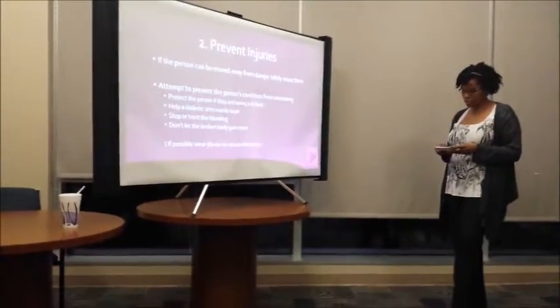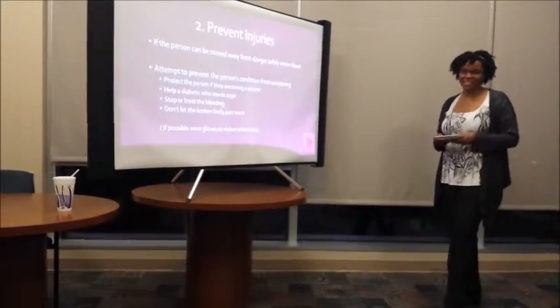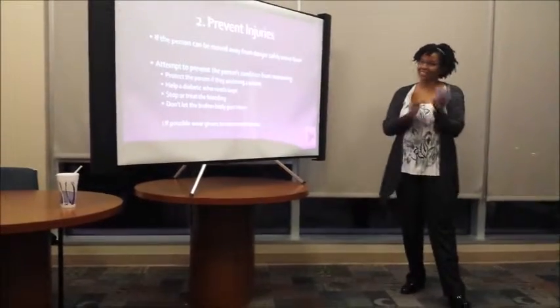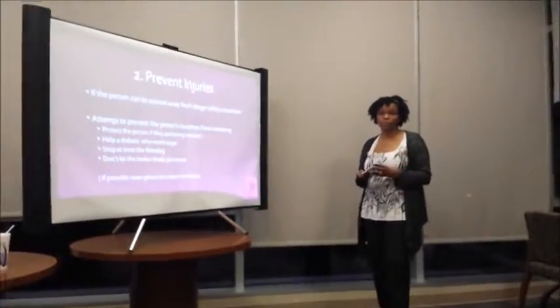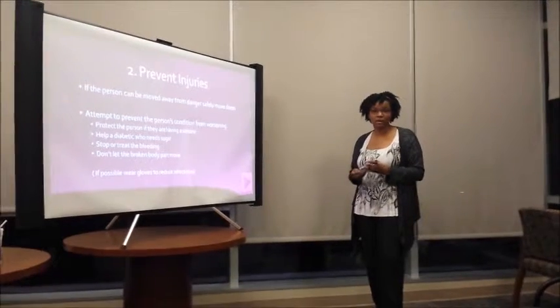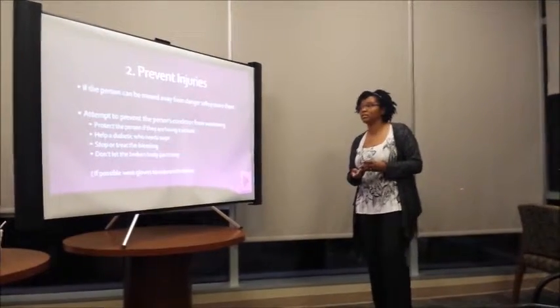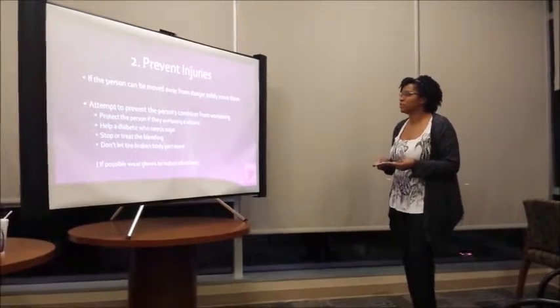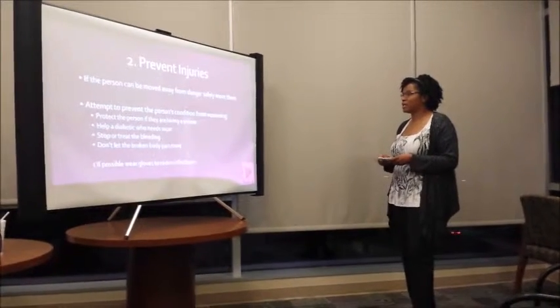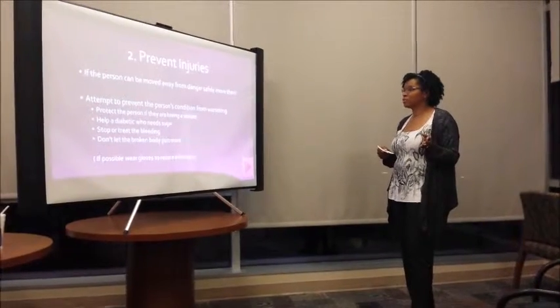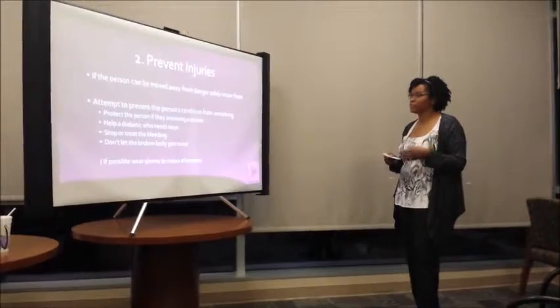This is when you use your brain and your skills and you jump into action just like Heather did, who did a great job. You want to figure out how to stop the condition from worsening or stop any deterioration. That's what you can do to prevent injuries. Again, move the person away from danger if there's any and if you're able.